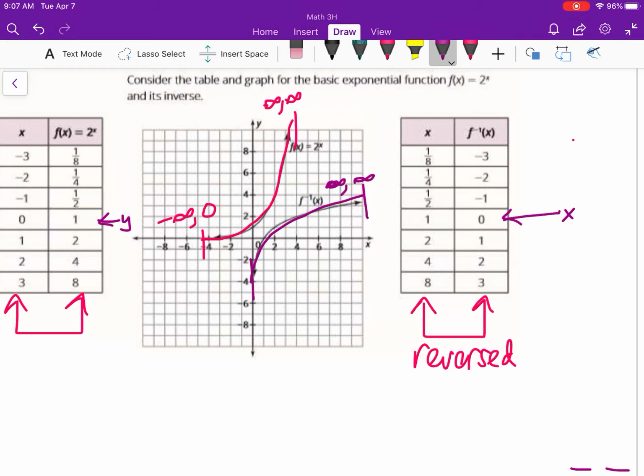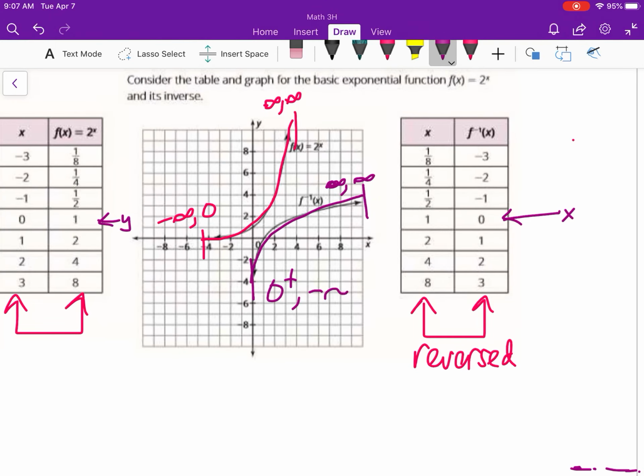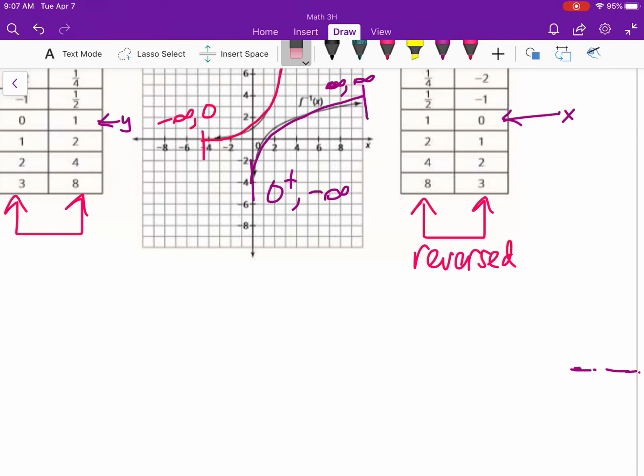And then this end behavior over here, as x approaches negative, I'm sorry, said that wrong. As x approaches 0 from the right, it goes down. So you got to be careful with that one. That one's a little trickier. But it should be nothing that we haven't learned already.